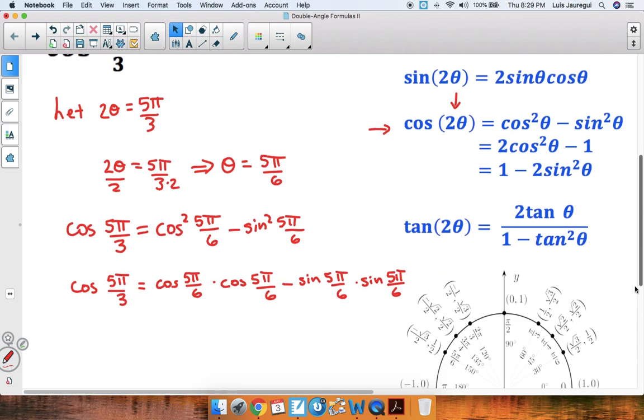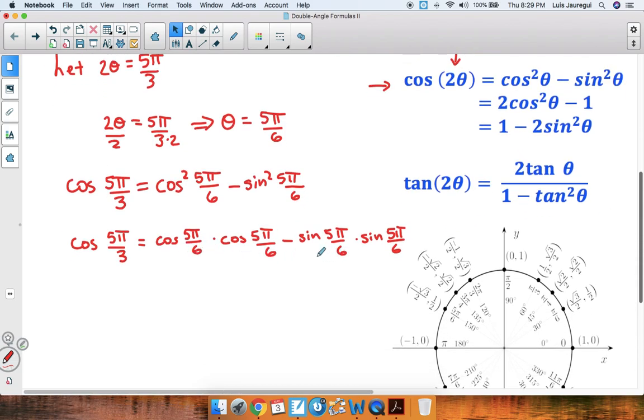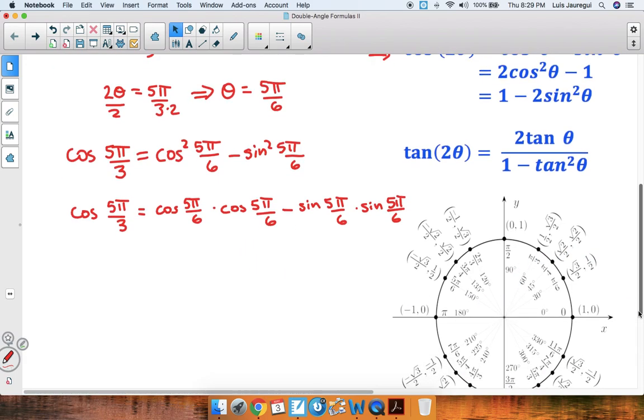Now let's go ahead and evaluate the right hand side expression by looking at the unit circle. Recall that cosine is associated with the x-coordinate corresponding to this particular angle. So looking for 5 pi over 6, we get that the x-coordinate happens to be negative square root of 3 over 2. So cosine is negative square root of 3 over 2.